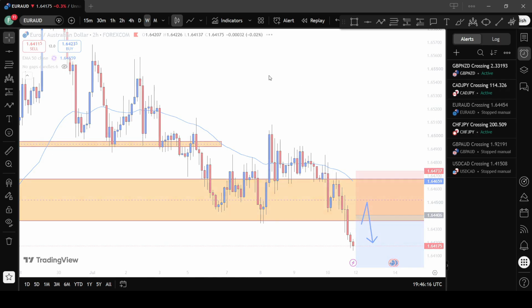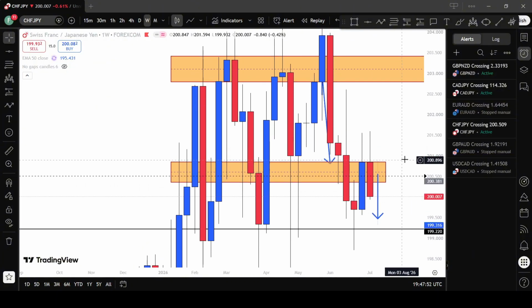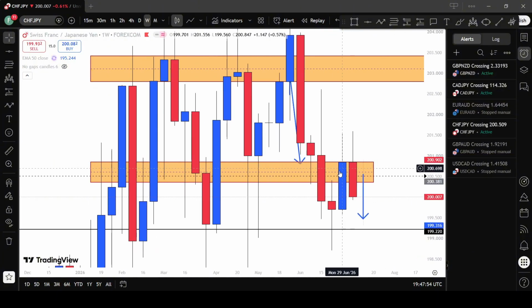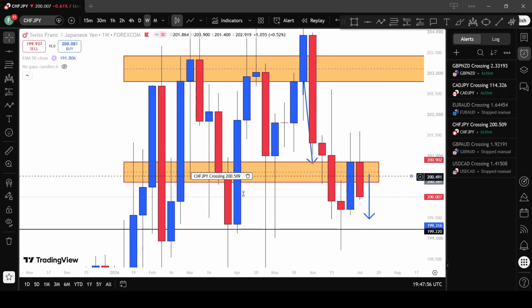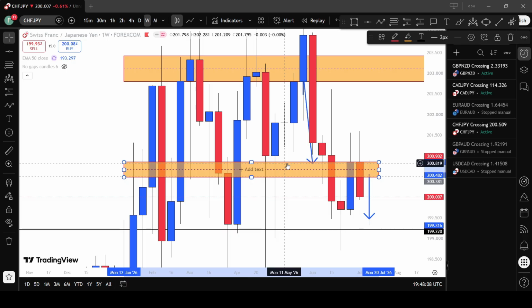Okay, so let's get to CHF JPY. The trend is bearish in my opinion, right? We had this boom, boom, boom, push, break, shift in changing trend, and then we have this retest. Now this area of interest is invalid on the weekly time frame, right?